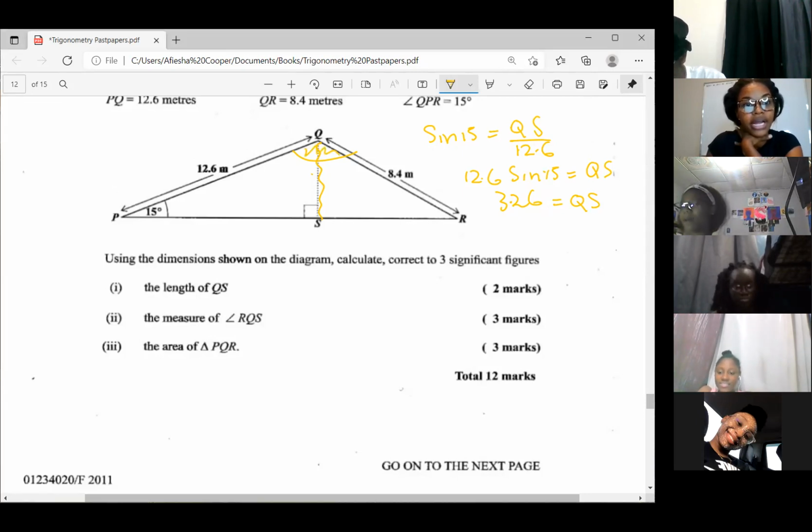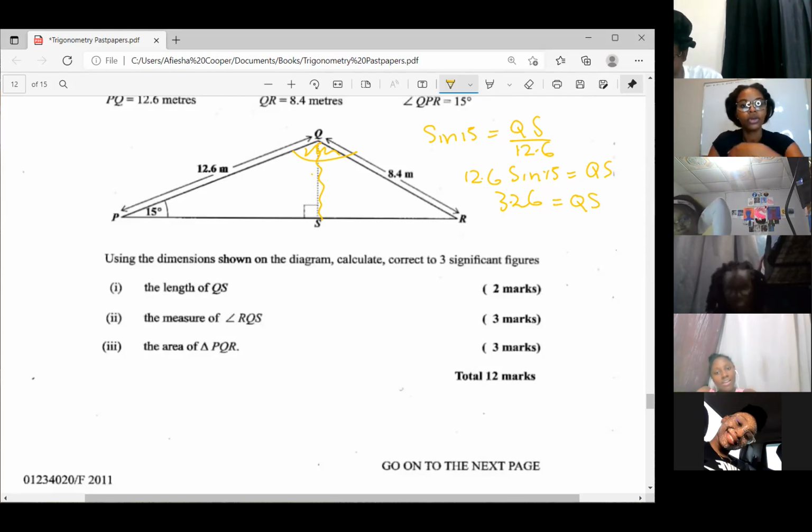RQS. How are we working that out? Cosine. Adjacent over hypotenuse.